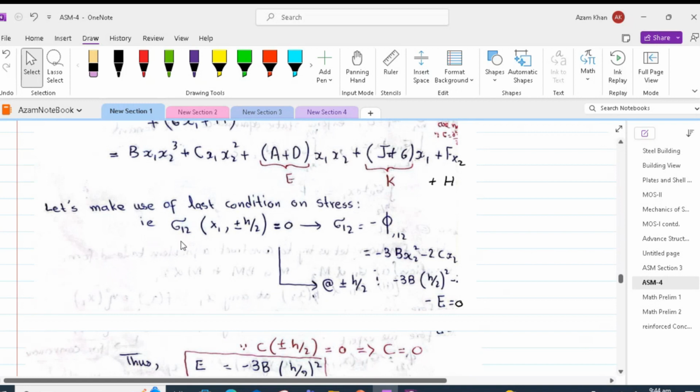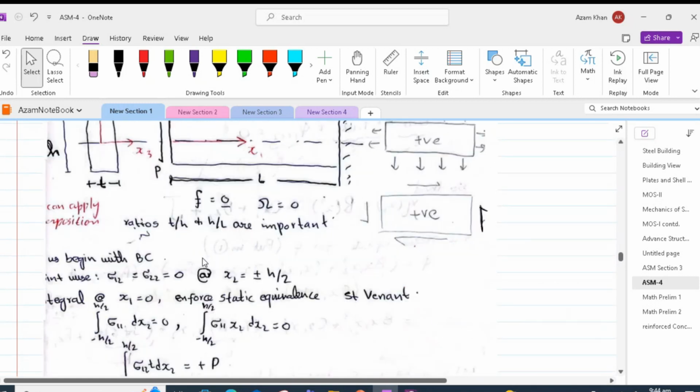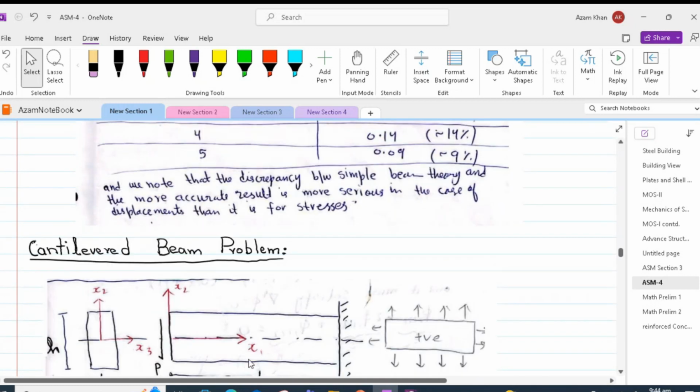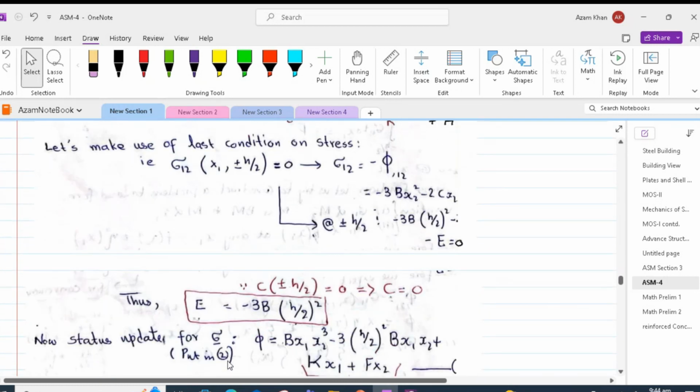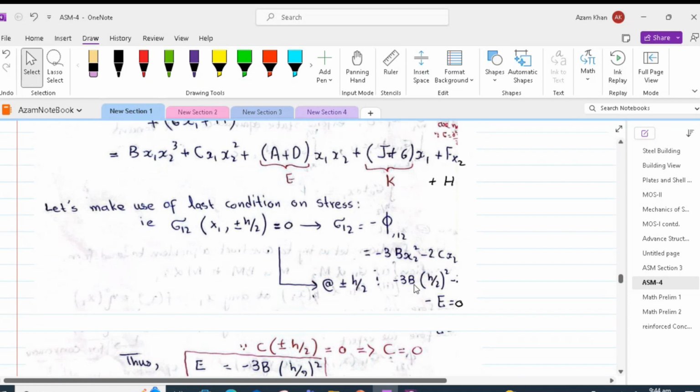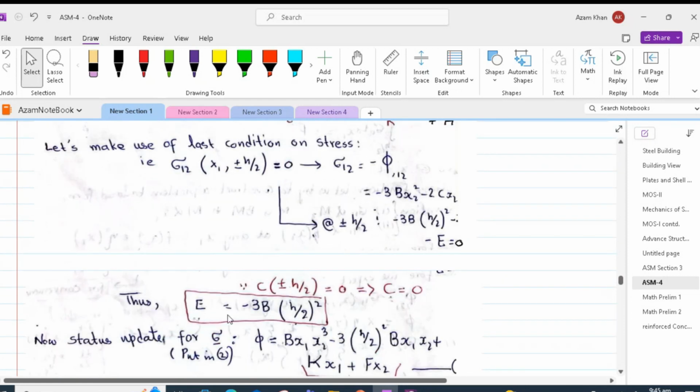So first boundary condition, sigma 1 2 at x2 equal to plus minus h by 2. So at the top and bottom, we have no shear. So that is one of the boundary conditions. And using that, we get the value of e equal to minus 3b times h by 2 whole square.